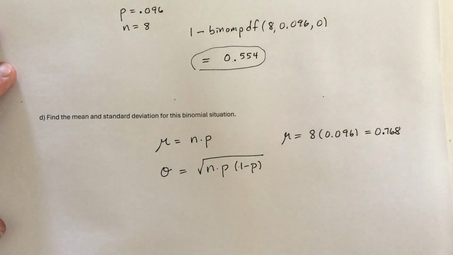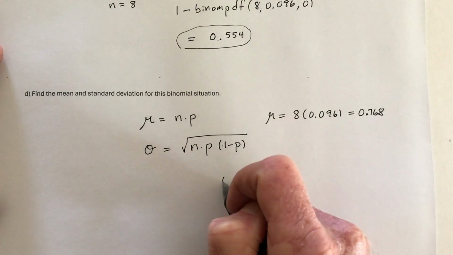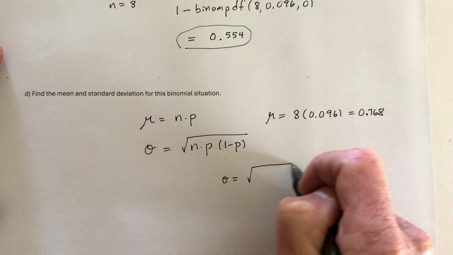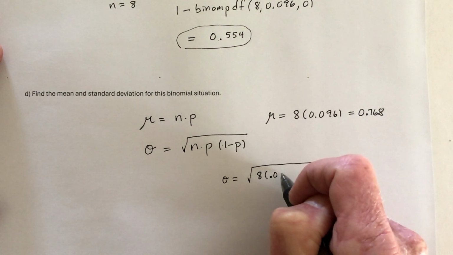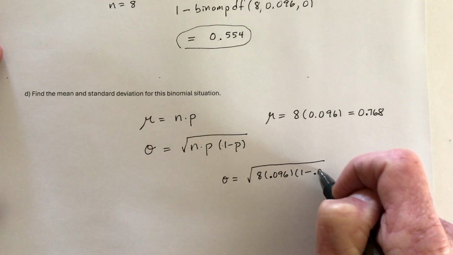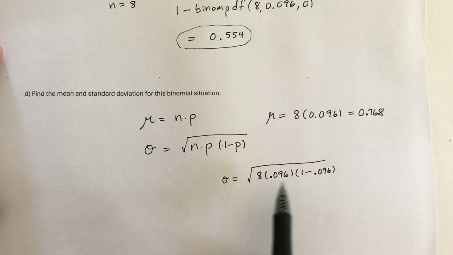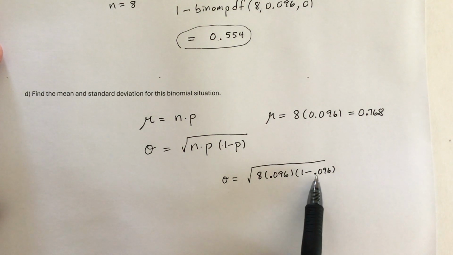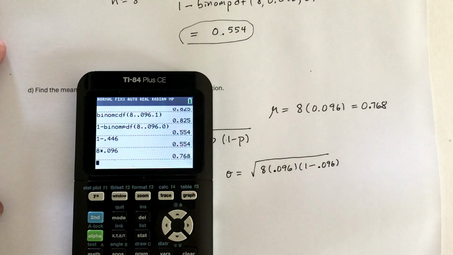Then for the standard deviation, I might need a little more room, the square root, and it starts off the same, the n times the p, and then 1 minus the p. So basically, if this is the percent that are left-handed, this is the percent that are right-handed. And then take the square root of that whole thing.